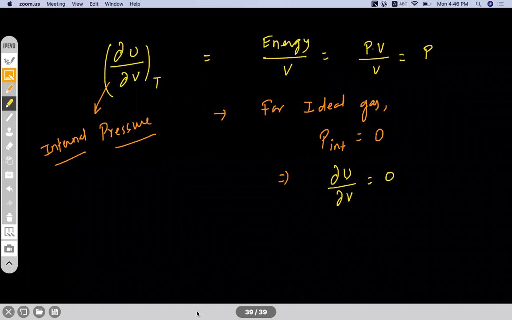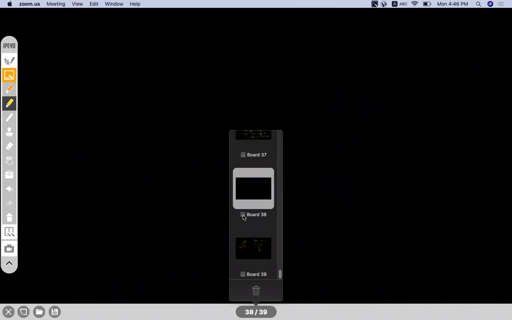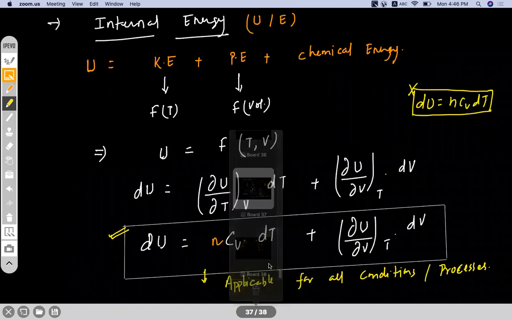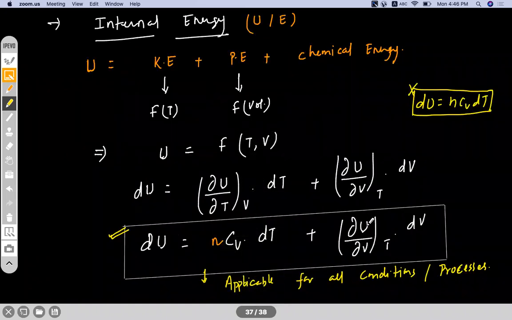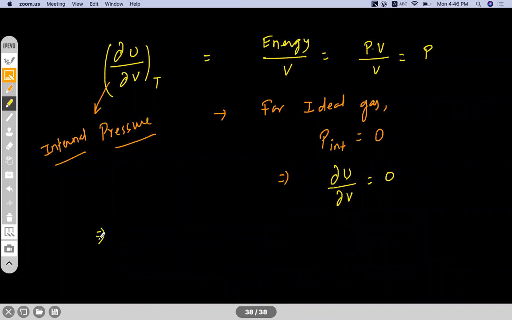So in this expression here, for ideal gas, this term would be 0, and hence the formula is du is equal to ncv dt. So the formula that you get here, hence for ideal gas, the change in internal energy du is ncv dt.